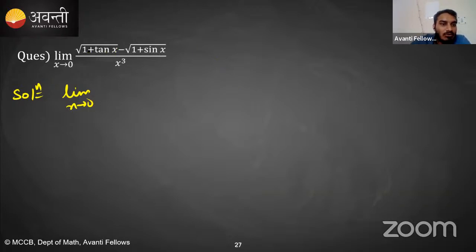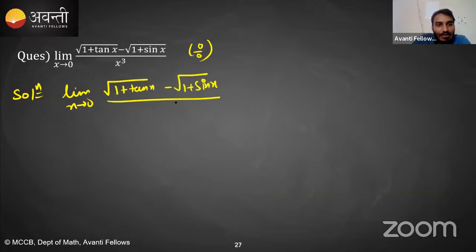Put x equal to 0: 1 minus 1 upon 0, so the 0 by 0 form is there. So try the rationalization method, because that is the first method you can think of whenever you see a square root.